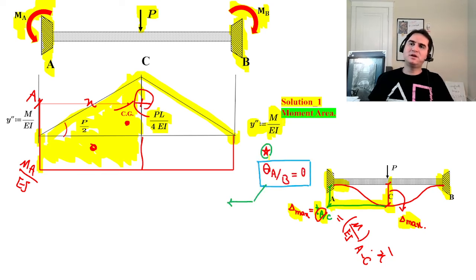Before solving the problem, the golden key is that we know theta A with respect to B is 0.